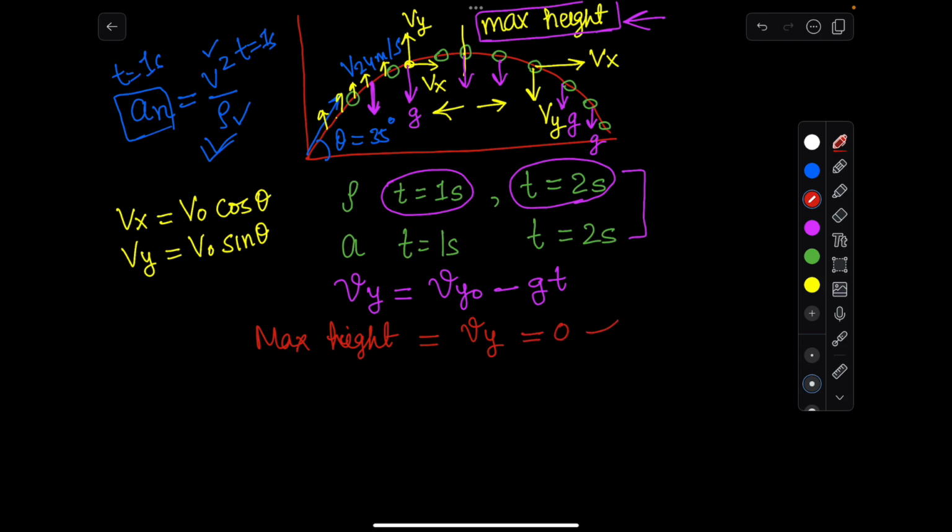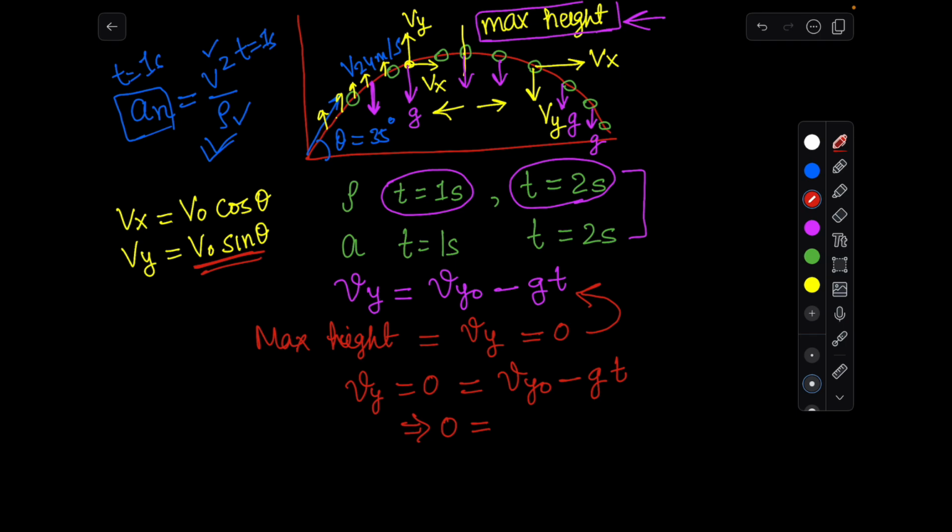So we will apply this concept here and put Vy equal to 0, equal to Vy naught minus gt, and here we will solve it. Vy naught is how much? That is V naught sine theta. So we will write V naught sine theta minus g times t.